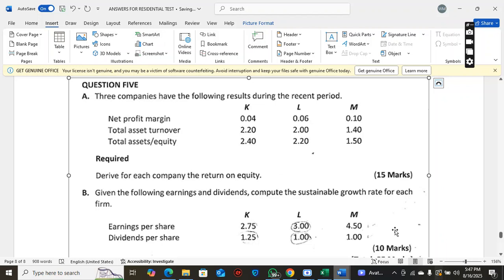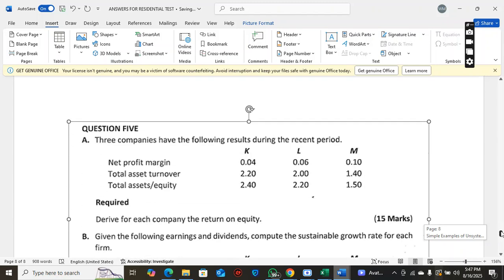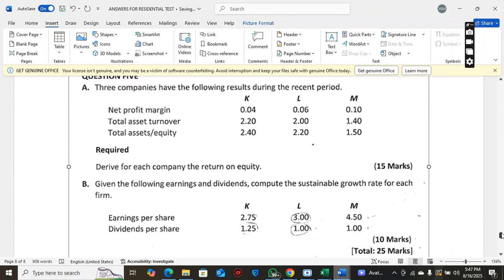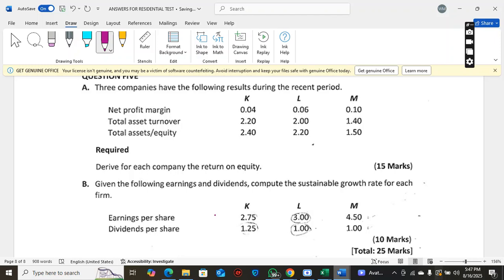It's the dividends per share over earnings per share. So let's tabulate. We see which company is withholding money from the shareholders to invest in growth. 1 minus dividend per share over earnings per share.